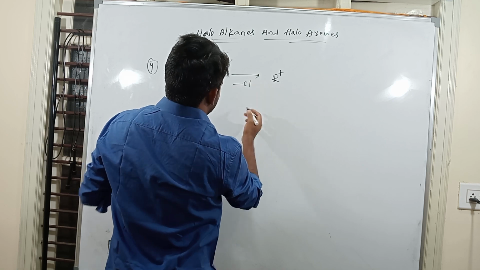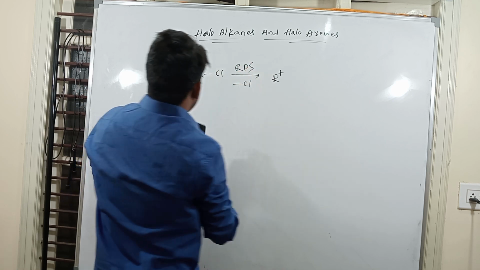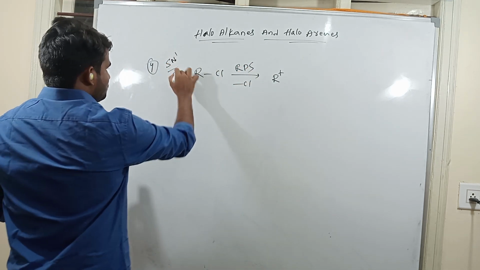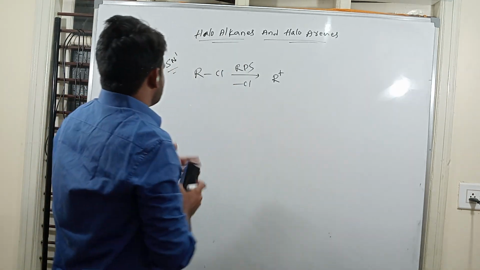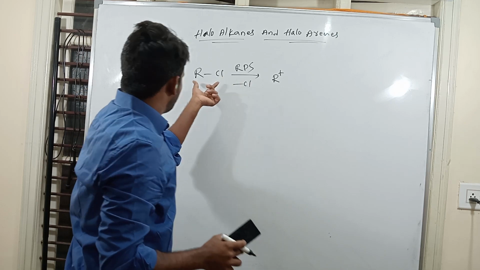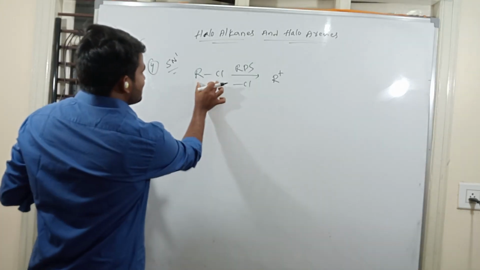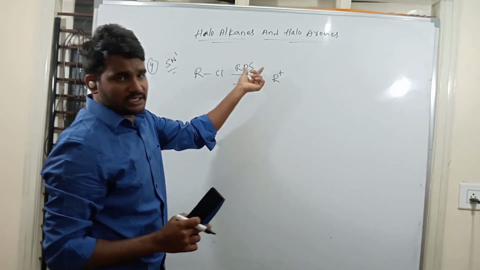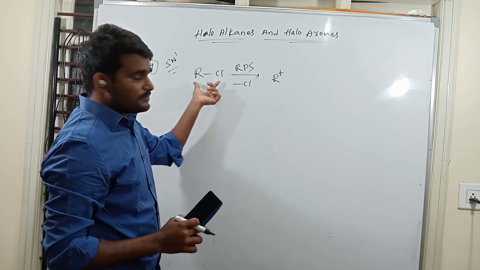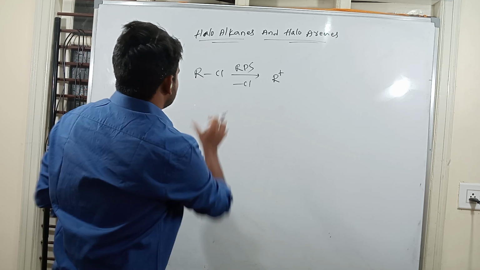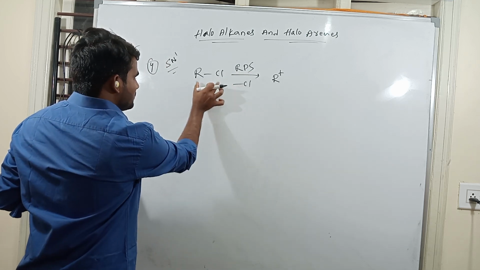Carbocation formation is the first step, the rate determining step in the SN1 reaction. According to chemical kinetics, the rate of the reaction depends upon the rate determining step. That's why the rate of the reaction depends upon the concentration of the rate determining step reactant.